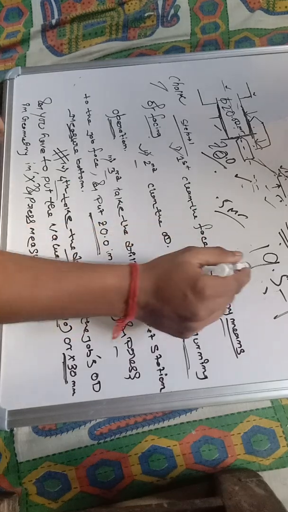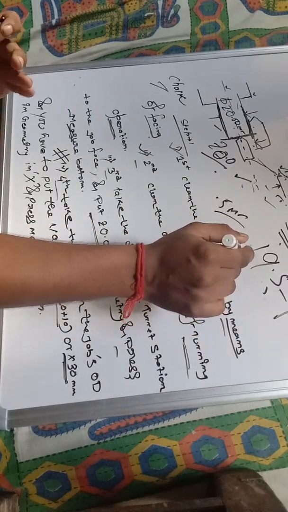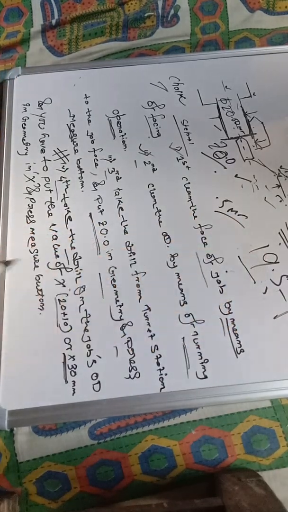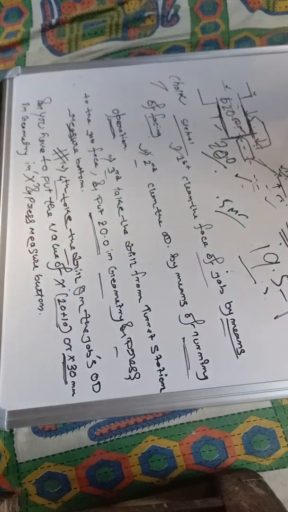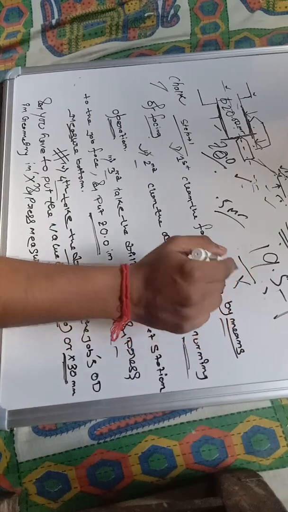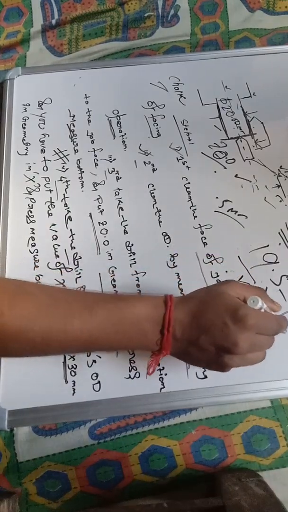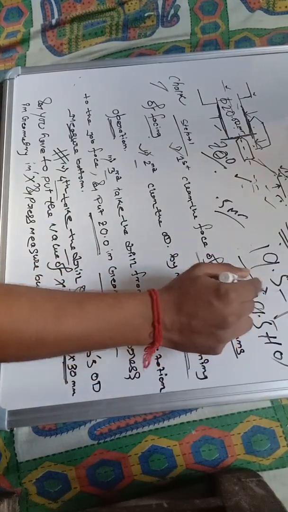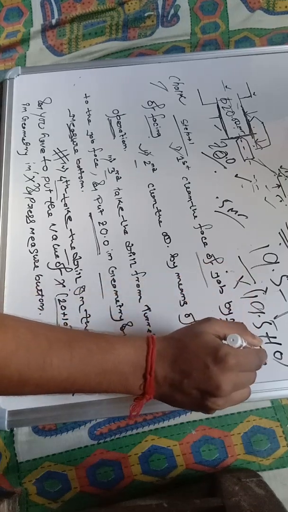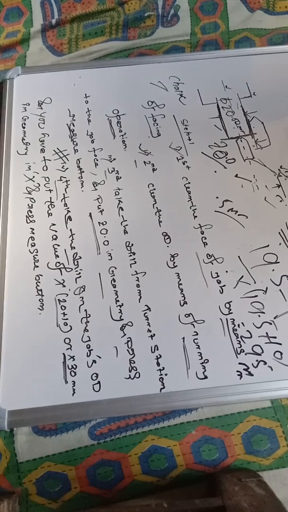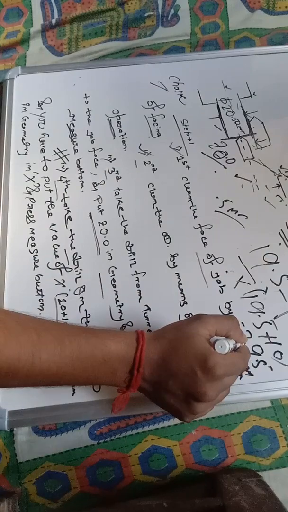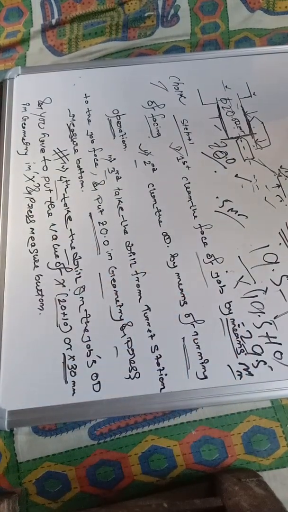So what is the diameter of the job after the cutting of the OD? 19.5, and the diameter of the drill is 10 mm. So what will be the value of X? It is simply 19.5 plus 10, that will be 29.5. And you simply go to the geometry offset and put the value of X 29.5, and that is the process to take the drill offset.